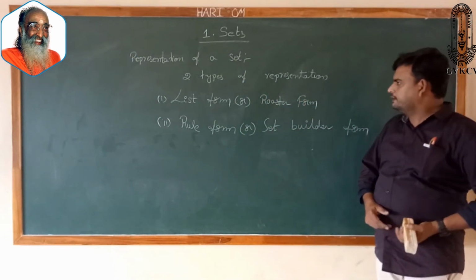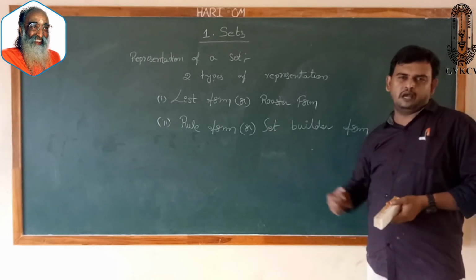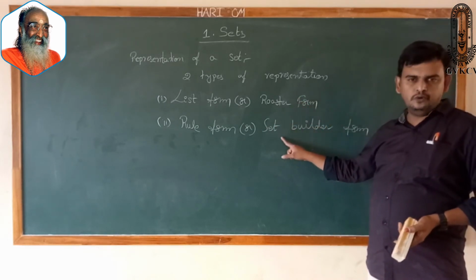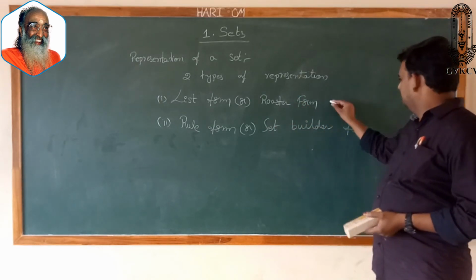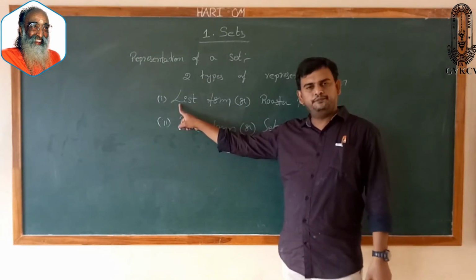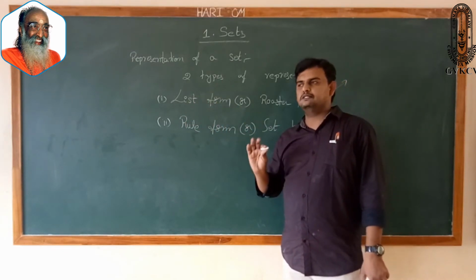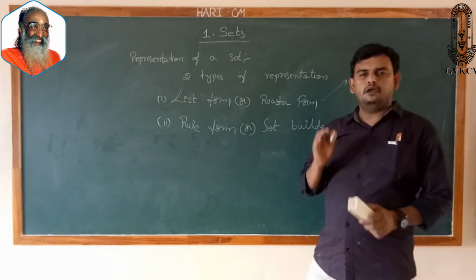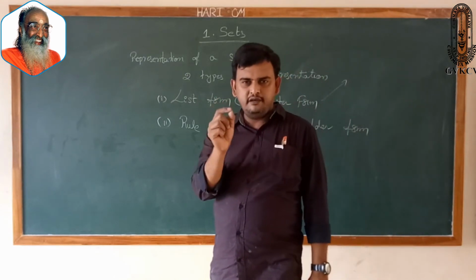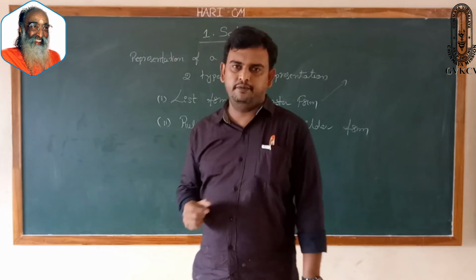Now, let me explain the examples so that you can have more clarity about these two representations. Let us come to the first one, list. What is the meaning of list here? List in the sense, we are able to identify physically the elements in the set.